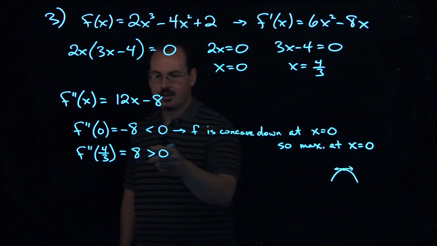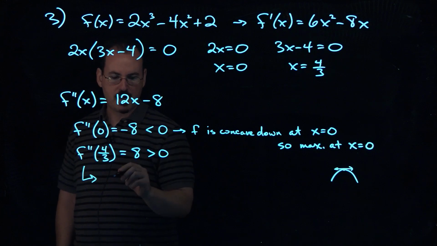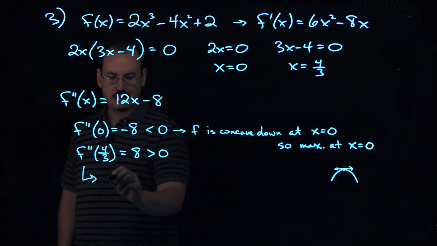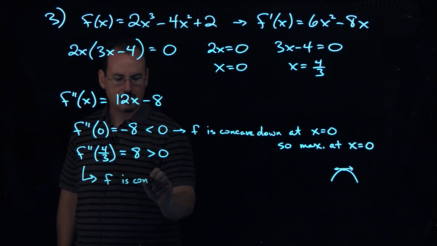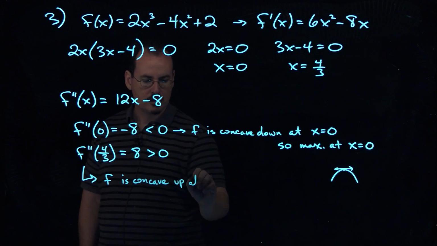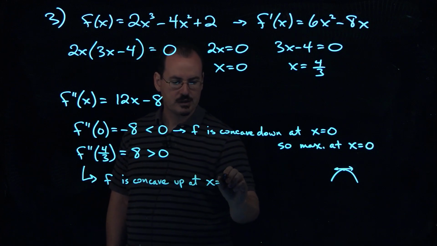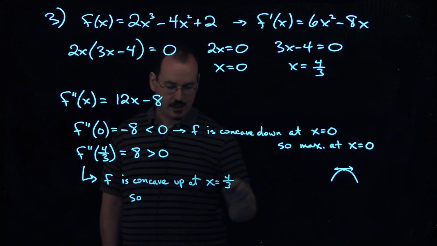Okay? Very similar here. What does this mean? The fact that this is positive. Well, that means it's concave up. So f is concave up at this other critical number of x equals 4/3. So what does that tell us? Since it's concave up, it's kind of the opposite of that.